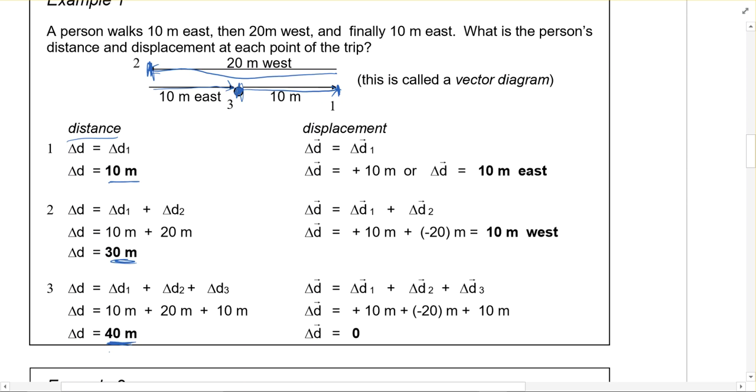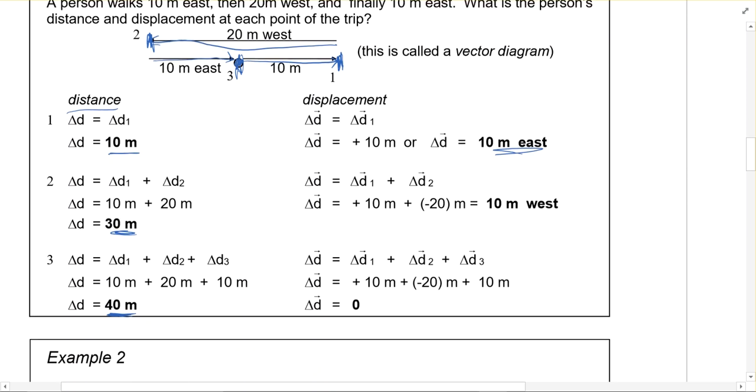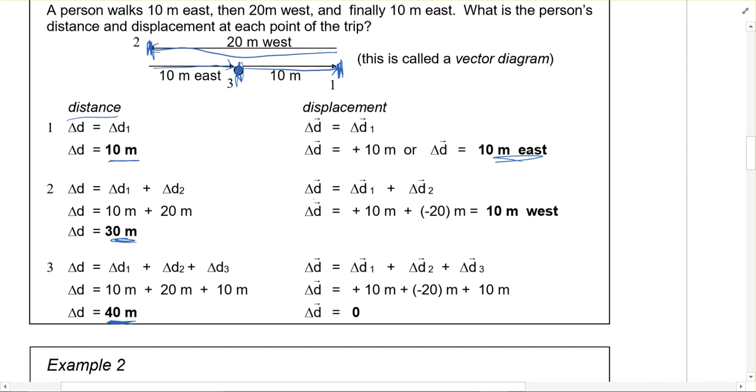Displacement, though, we have to take direction into account. Right off the bat, at point 1, he or she went 10 meters east. It does matter that you say east. It could be east, or it could also be positive. So we went east. Then the total displacement at this point, the change in position, with a little arrow over the top to say we're talking about displacement, not distance, we just add the two together.